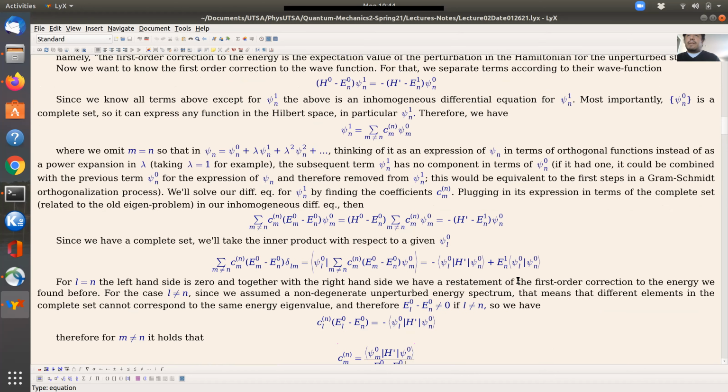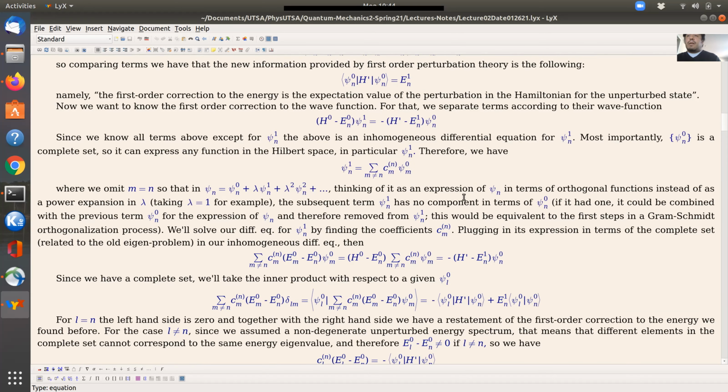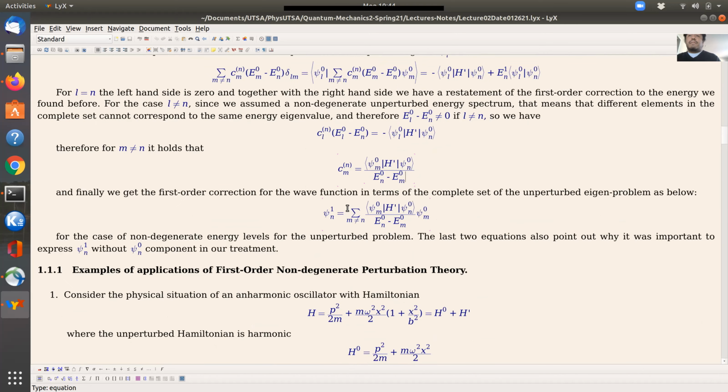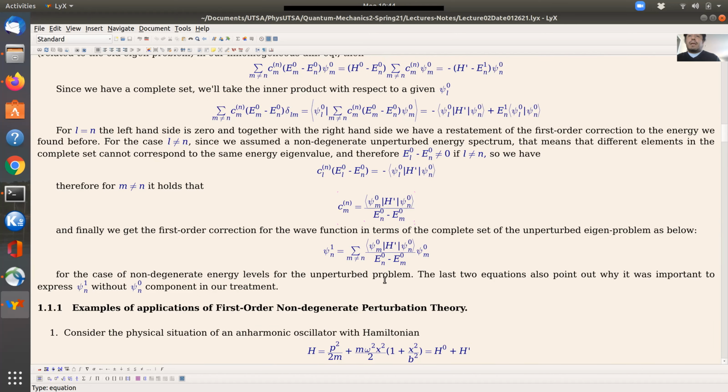So we have prevented ourselves, by this sort of Gram-Schmidt argument of orthogonalization, from this singular case. So M is not equal to N, so you won't have this issue. And so you have this expansion with, in principle, well-behaved coefficients for the first order correction to the wave function related to the nth eigenvalue.